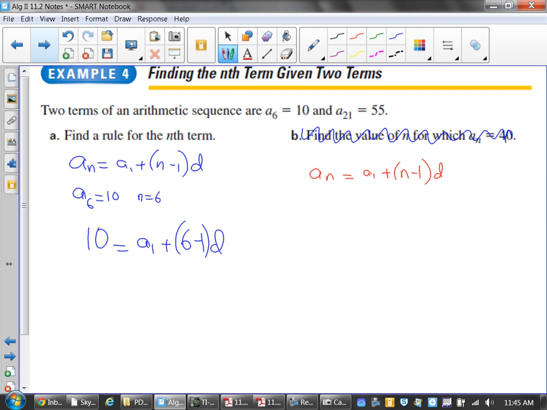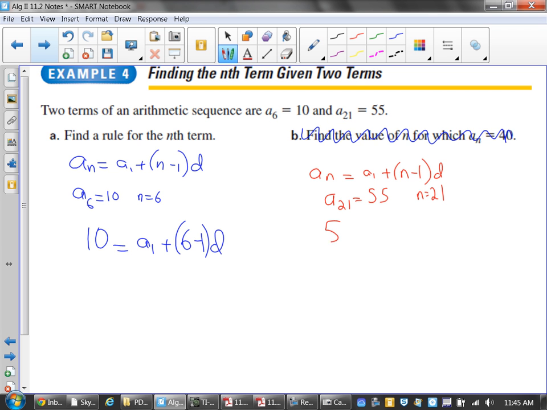I'm going to do the exact same thing with the other term. I know that the 21st term is 55. Therefore, what is n? Good. Everybody see how I'm just plucking out the information given to me? Okay. Substitute that in.